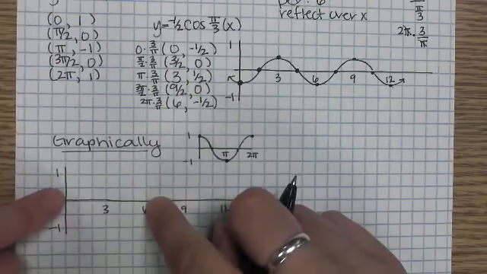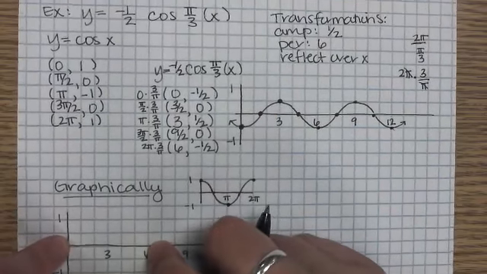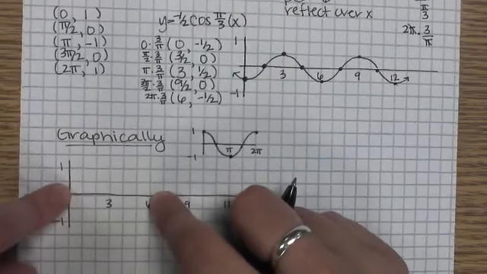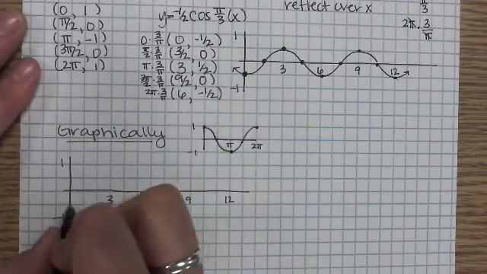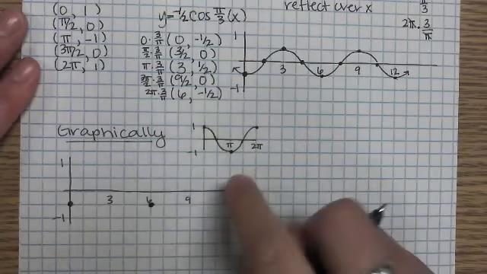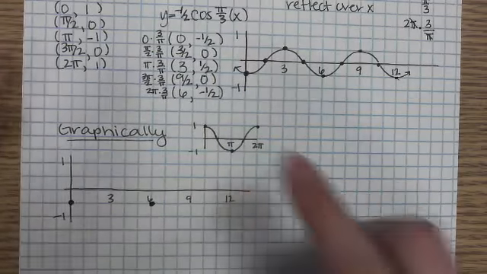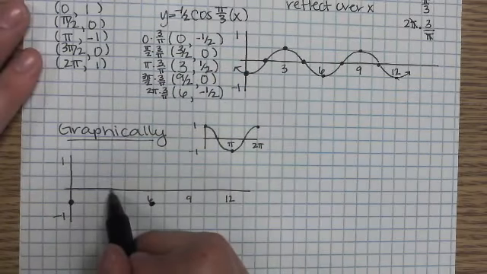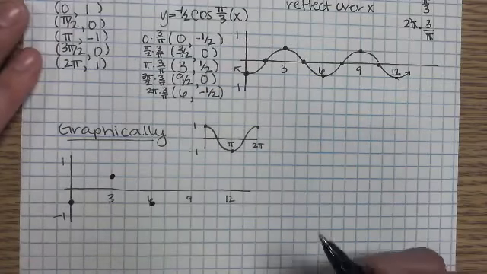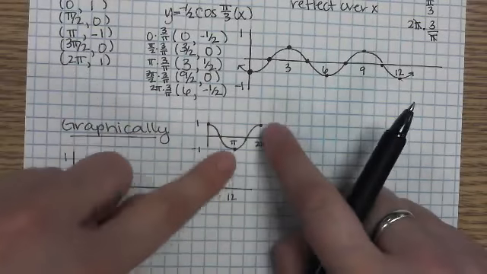But since my amplitude, or the thing in front, is telling me -1/2, instead of starting up at 1 and ending up at 1, I'm going to start at -1/2 and end at -1/2. And then halfway in between, we're on the other side of the graph at positive. And then halfway between those 2 points, we cross over 0. Halfway between these 2 points, we cross over 0.